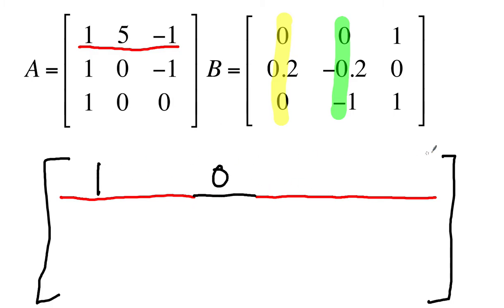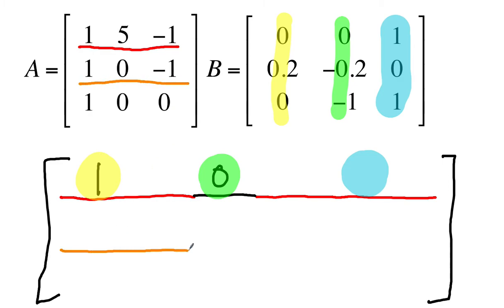And I'm going to keep doing this for each one. So I'm going to show you the color coordination. This is going to be yellow. This element's going to be green. This one is going to be blue. And then the orange row. Okay, so row 2 is going to give us the same thing.